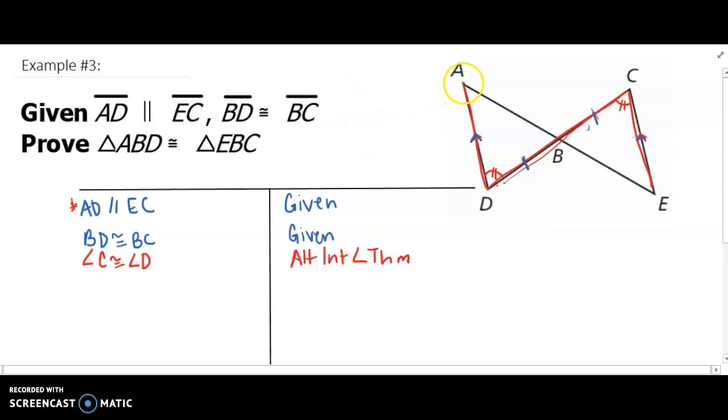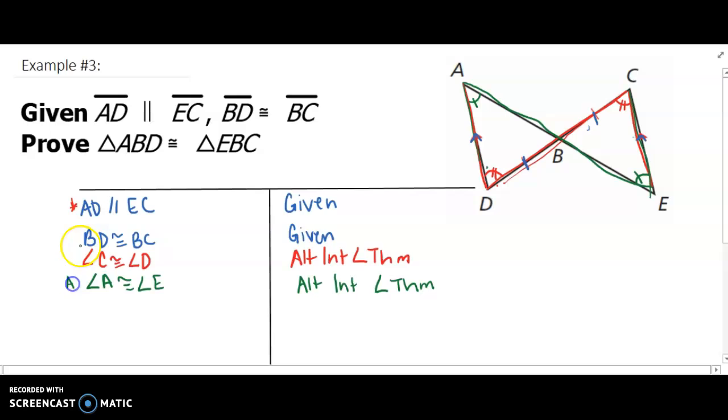Now if I look at this as my transversal, and still these lines are parallel, doesn't the same apply for this angle and this angle? Those are also alternate interior angles with that other transversal, so angle A is congruent to angle E by the alternate interior angle theorem. Now I have two angles.